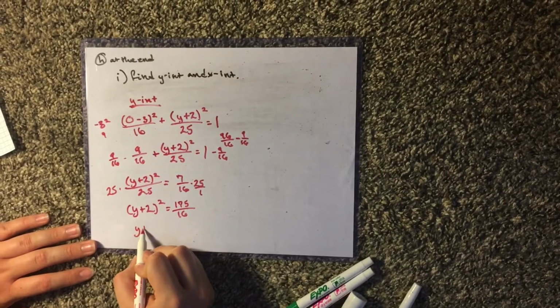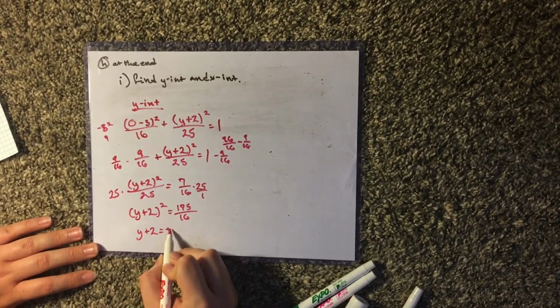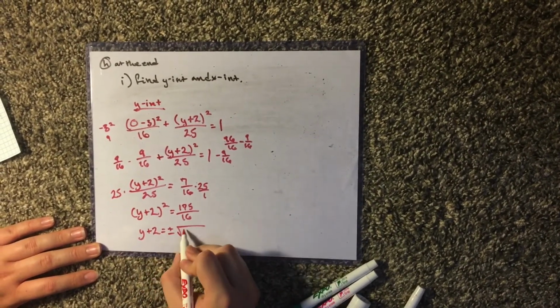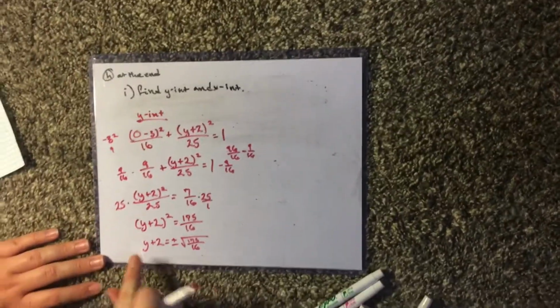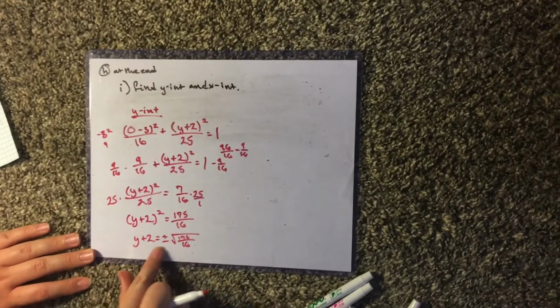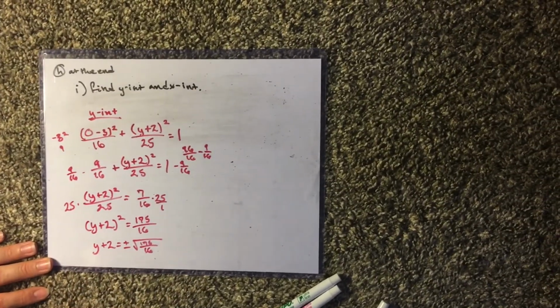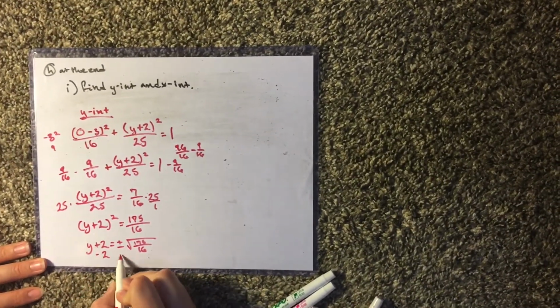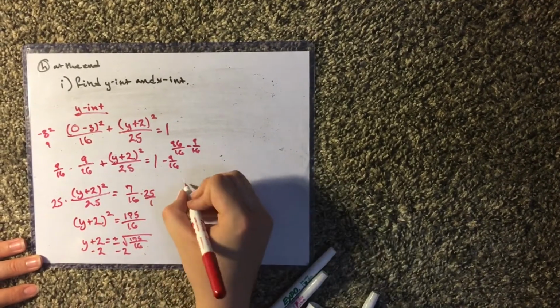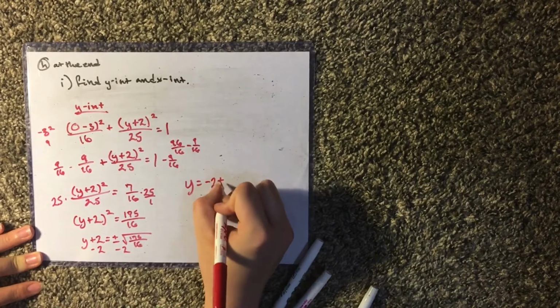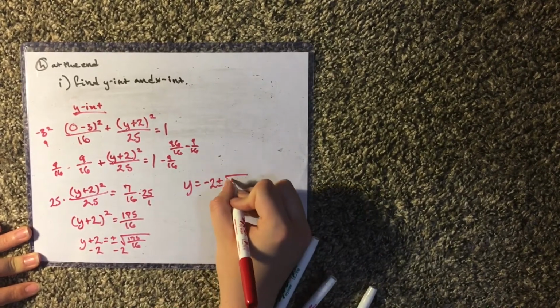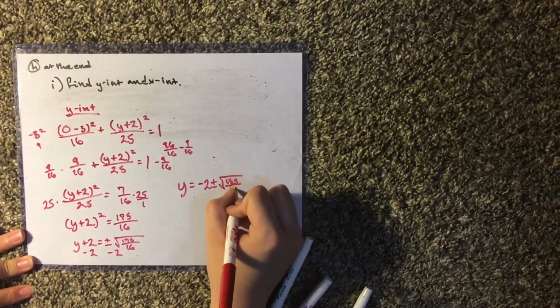Then I'm going to square root each side, and we know we need to add the plus or minus, because otherwise we are not going to have the correct terms, because it's going to be 2 of these. And then I need to subtract -2. So y equals -2 plus or minus the square root of 175 over 16.